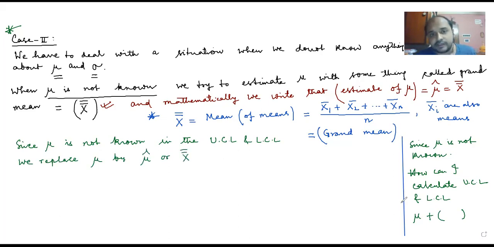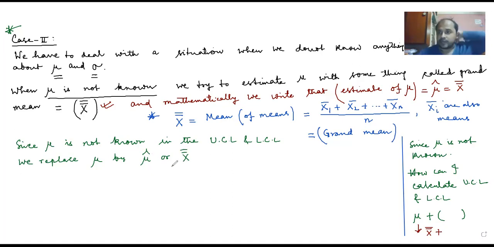So x bar bar is required, because we are trying to estimate mu by this quantity.